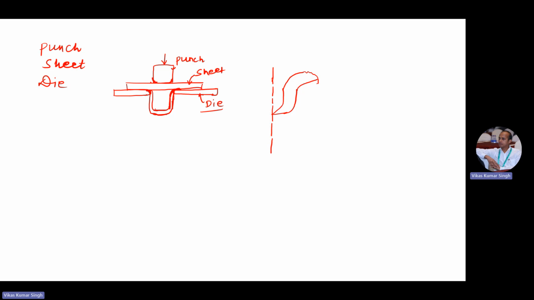This is the side view, the cut section of this cup. I have taken one portion of it. This part over here is the bend part, and this is the face. Again some corner will be there, and this part is the bottom part.